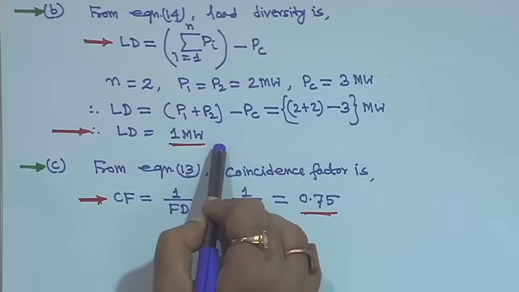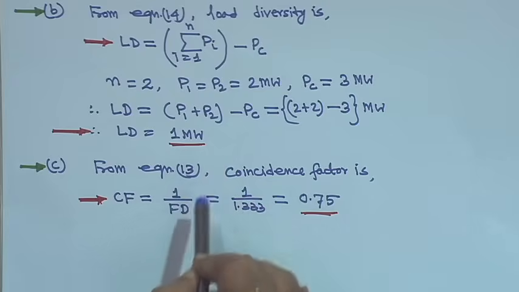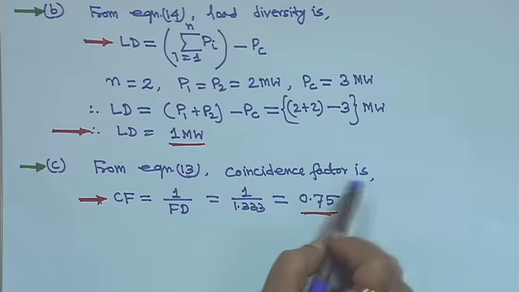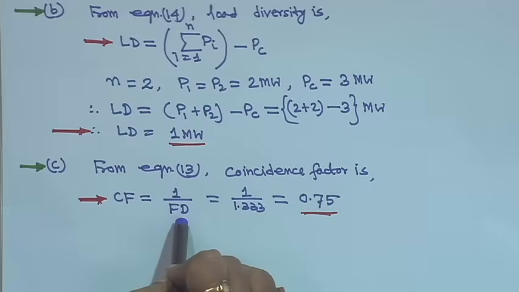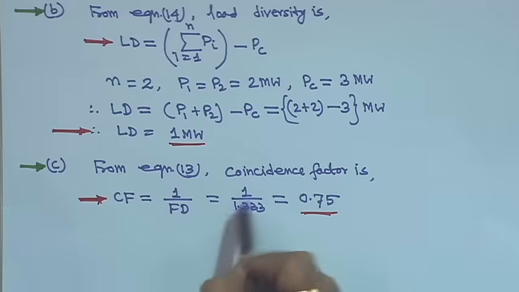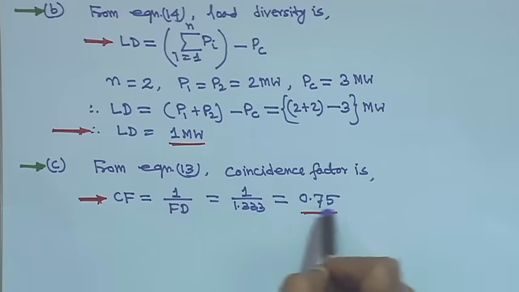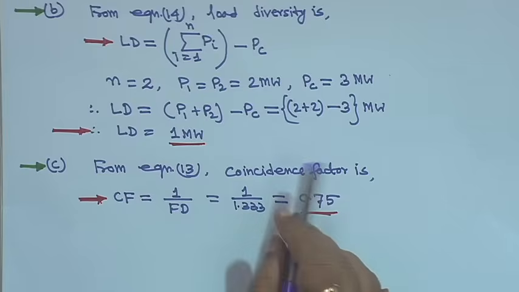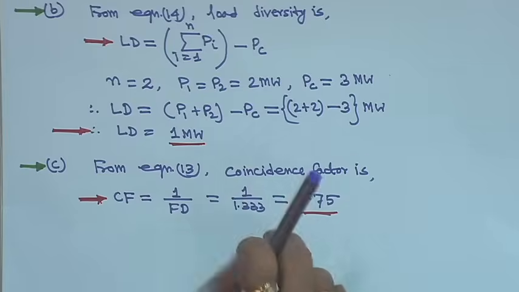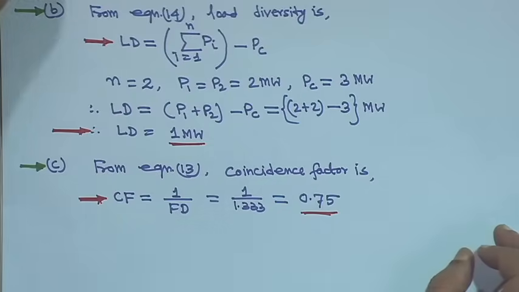The load diversity is 1 megawatt. And from equation 13, the coincidence factor Cf is equal to 1 upon the diversity factor, which is 1 upon 1.333, equal to 0.75. So, these numerical problems are very, very simple.